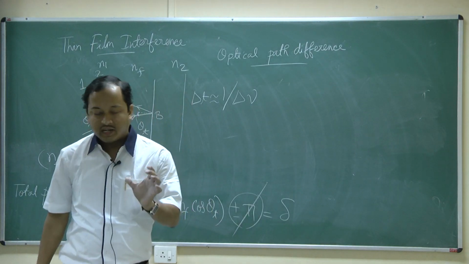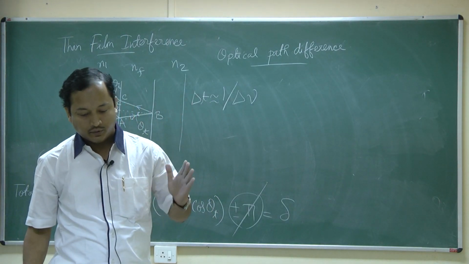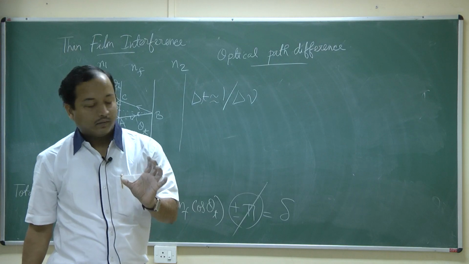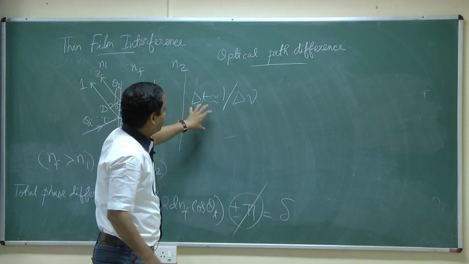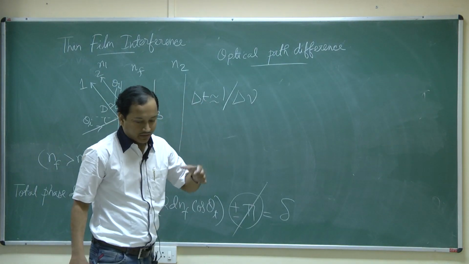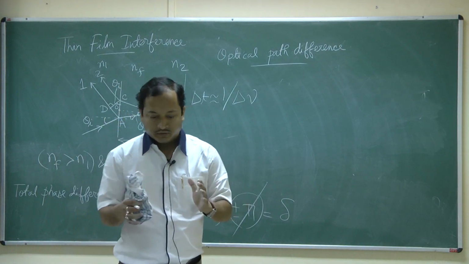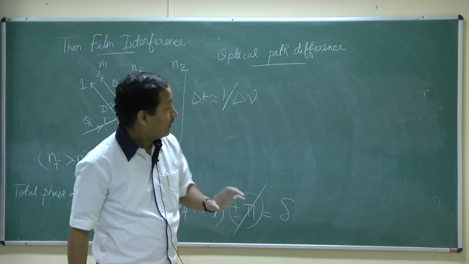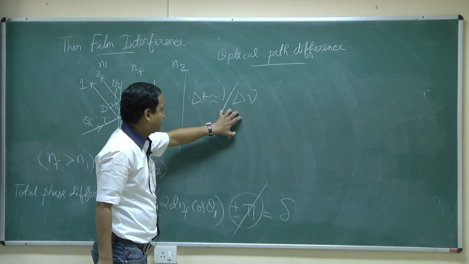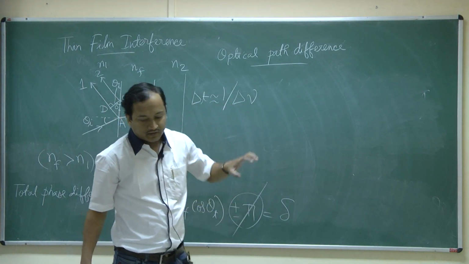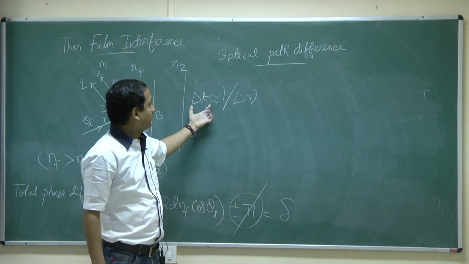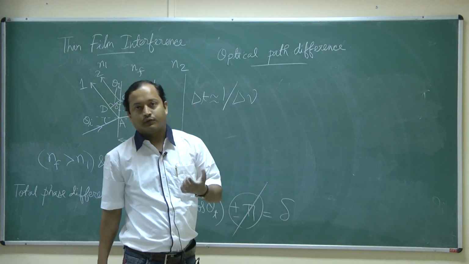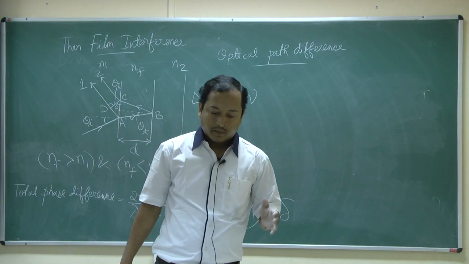So this is roughly of the order of the inverse of delta nu. Basically it is the time over which a particular wave train is emitted, right? It is a lifetime we are talking about, so that delta t is related inversely to delta nu. This is the time over which I can nearly think of the source as monochromatic.